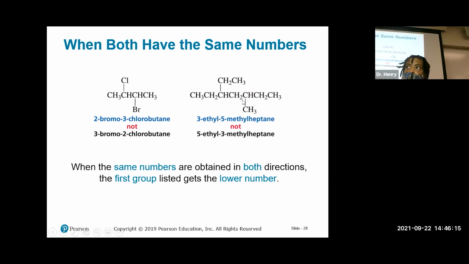If I started this way, this guy would be a 3, this guy would be a 3, and so 3, 5. So in this case, I have the option, and I'm going to go with the one that makes more sense, which is using the one that comes first alphabetically. So in situations like this, you're going to have a tiebreaker. In your situation, we had 2, 4, or 2, 3. We're going to go with the 2, 3 first.